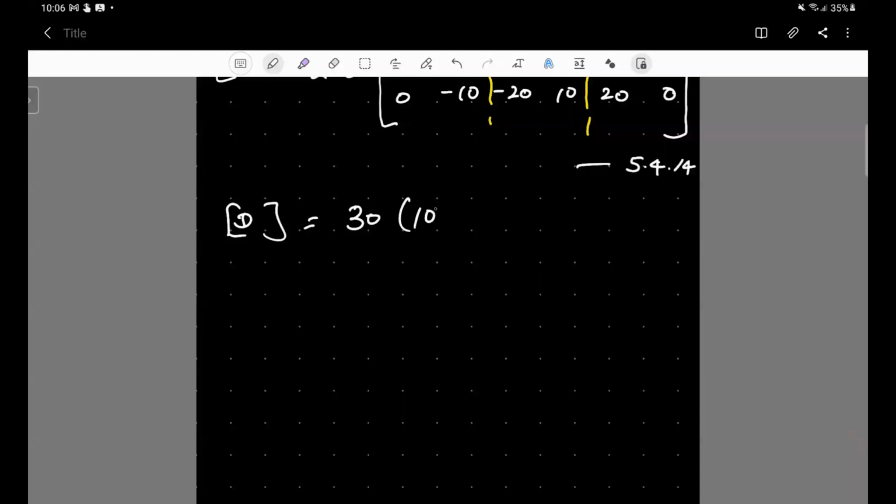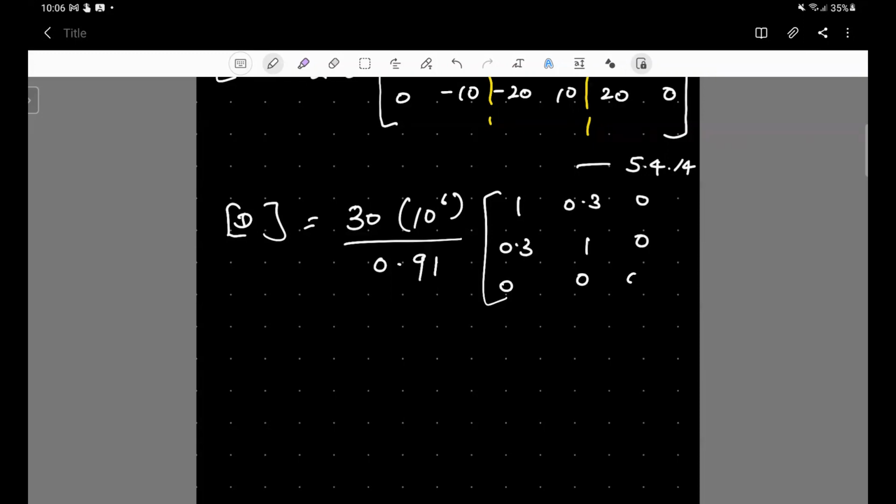So E times 1 minus nu squared and the corresponding terms, 0, pounds per square inch.